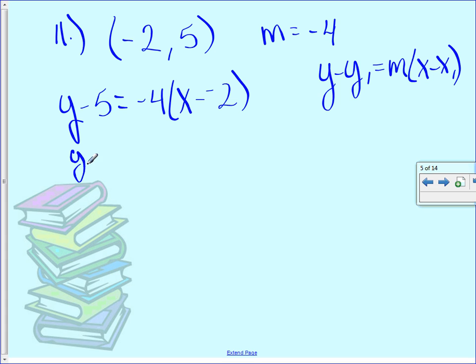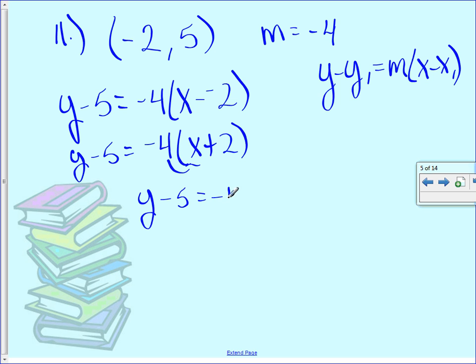I'm going to go ahead and simplify inside my parentheses since I have two negatives going on. I really have x plus 2, okay? Now I can distribute this 4, so I have y minus 5 equals negative 4x, and then negative 4 times a positive 2 is negative 8.